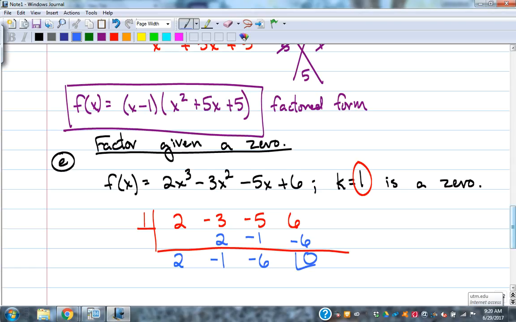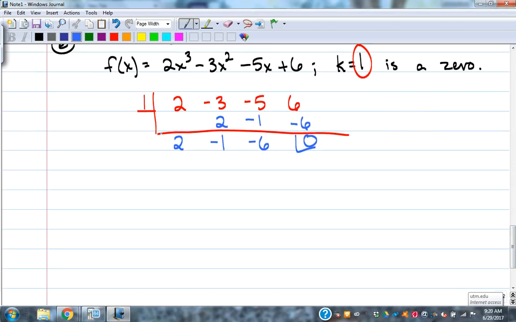What that allows me to do then is take 2x squared minus 1x minus 6 and factor it using the x method, or at least try to factor it. And 2 times -6 would be -12, had to be -1. That's -4 and 3.